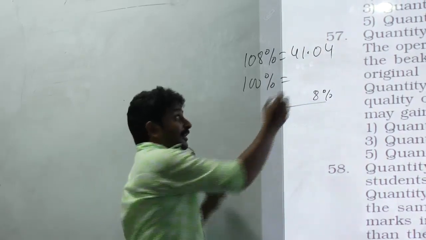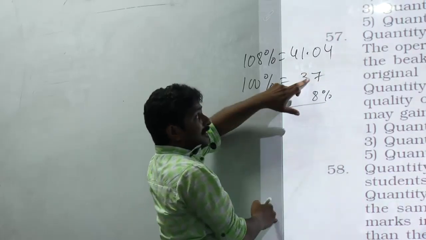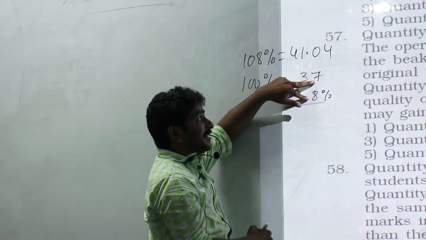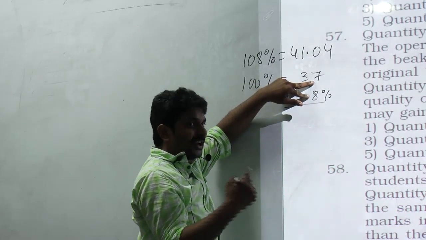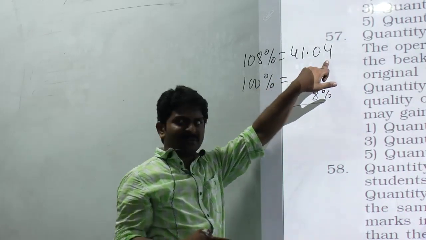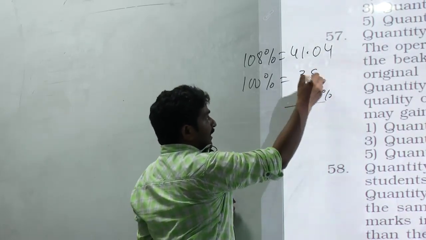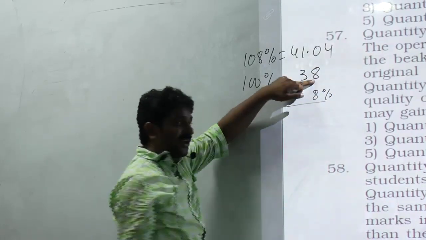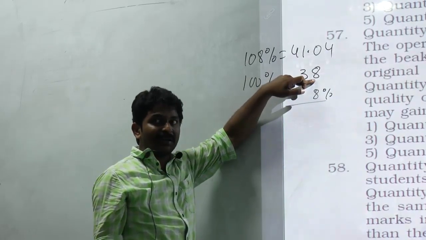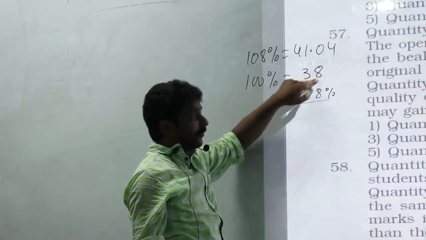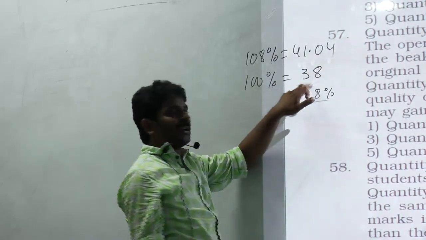But 37, 1% ends with 7. When you take 8%, 7 8s, 56. Ends with 6. Is it ending with 6? Hence it is not 37. Let me take the other number, 38. Last digit 8. 1% ends with 8. 8% ends with 4. 64, right? Ends with 4. Satisfies. Hence it is 38.